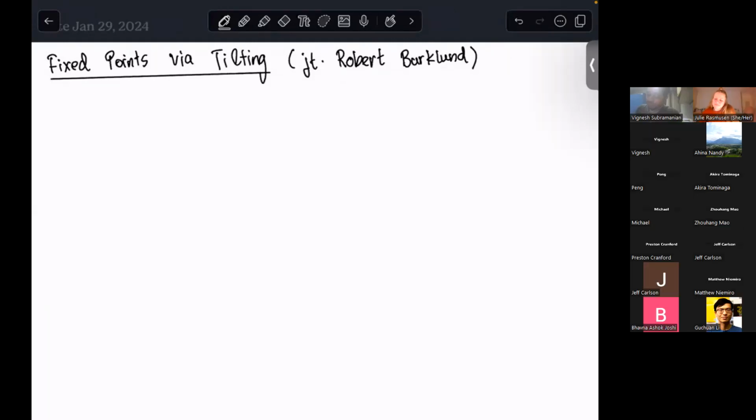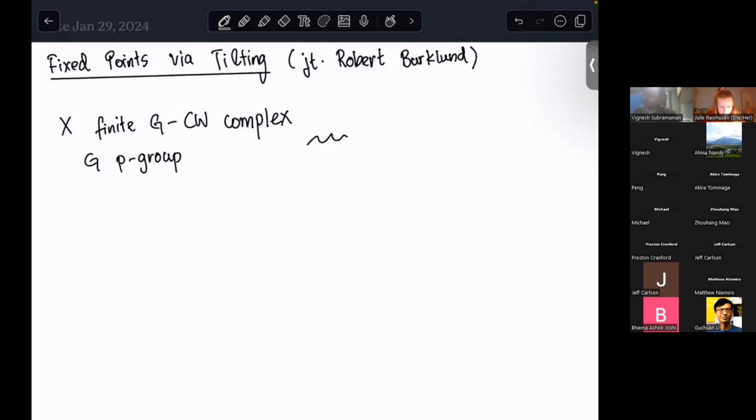For today's talk, X will be a finite G-CW complex, and we will restrict ourselves to G a p-group.